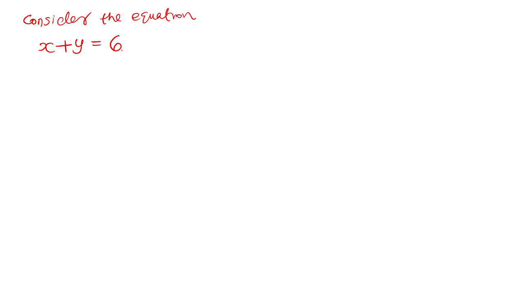For example, x equal to 0 and y equal to 6 is a solution. Why? Just put x equal to 0 and y equal to 6. 0 plus 6 equal to 6. Satisfied. 0, 6 is a solution.